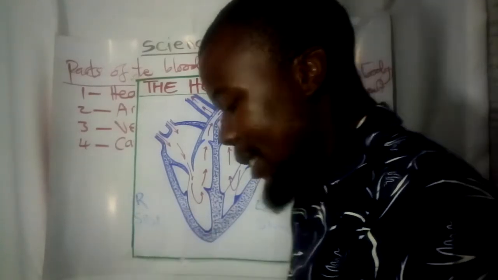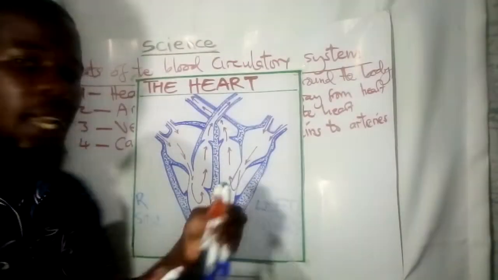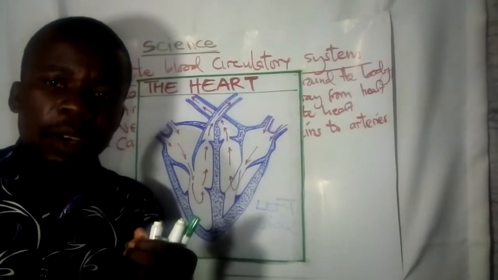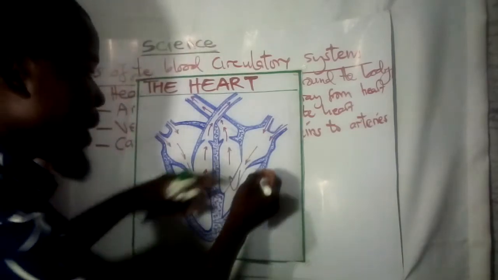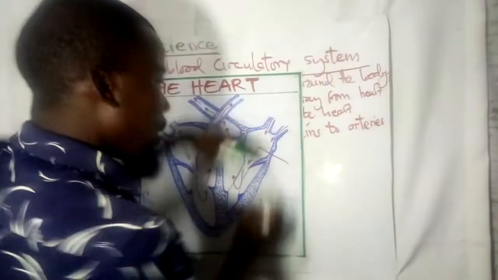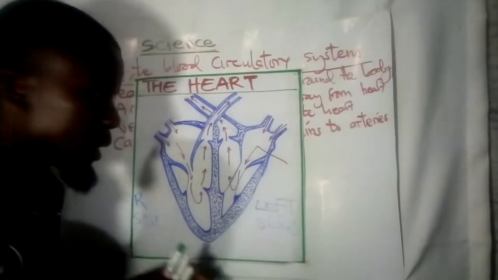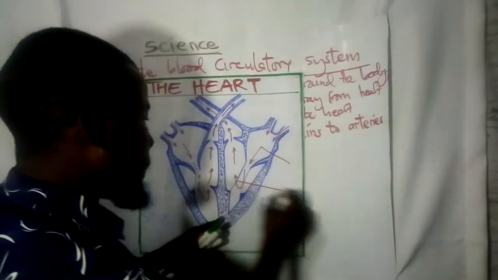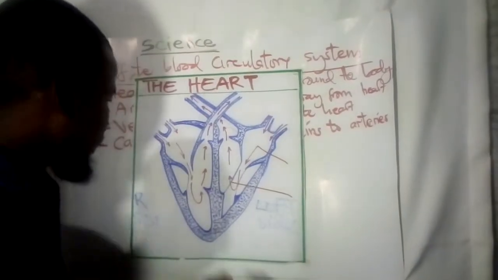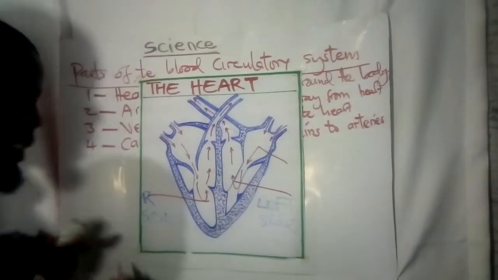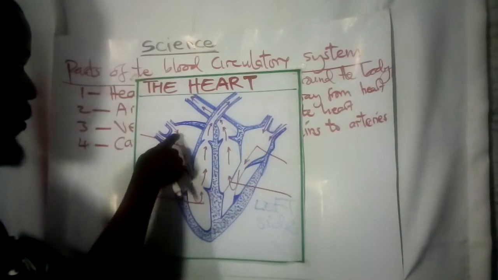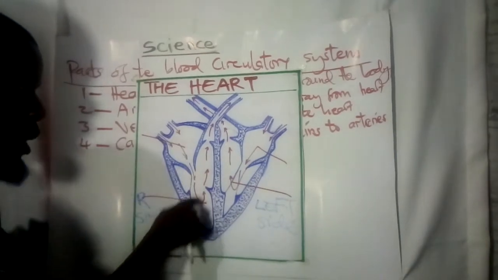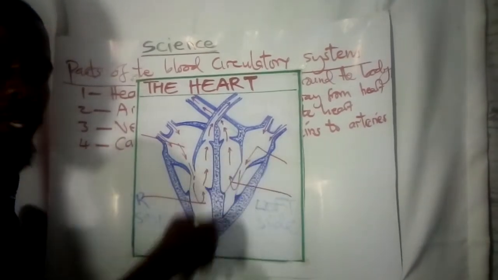All right. So let's talk of the 4 chambers of the heart. The heart has got 4 chambers. This one is one of the chambers of the heart. This one is another chamber of the heart. This one, another chamber. And lastly, this one. So we have got this one, this one, this one, and this one.